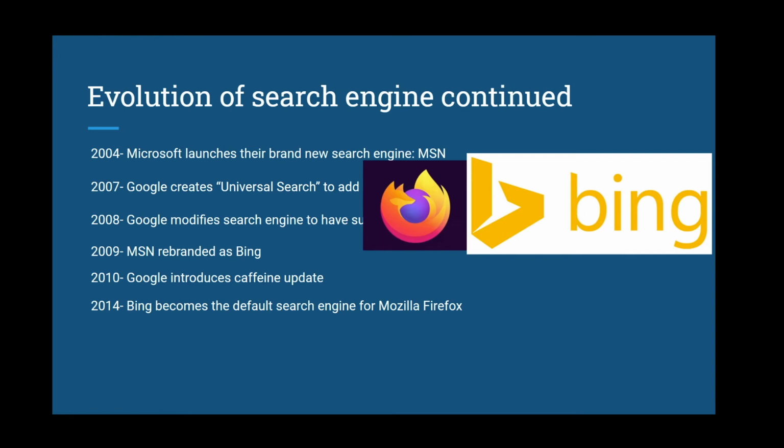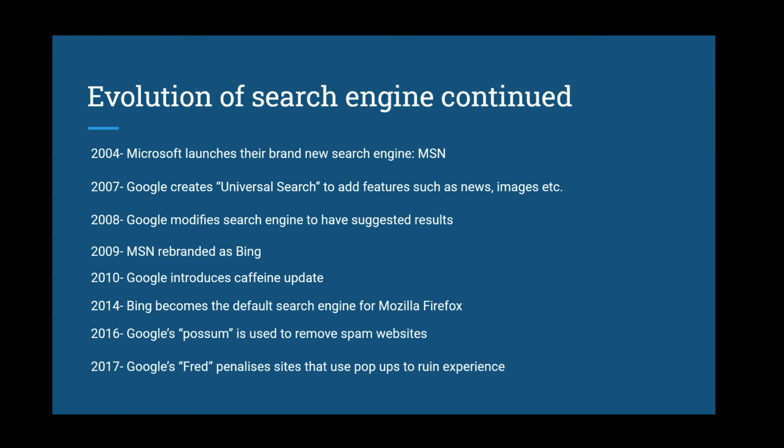In 2016 and 17, Google updated their search engine again against spam and malware through the Fred and Possum updates. So you see, software evolution and search engine evolution has been quite rapid, and each new development pushes the other developers to improve their products.